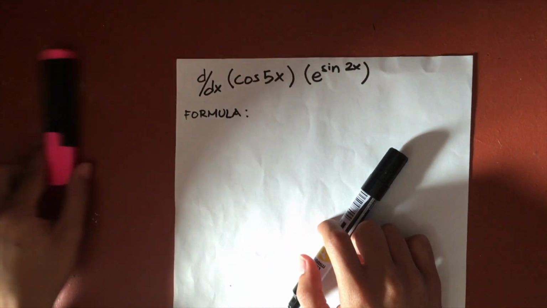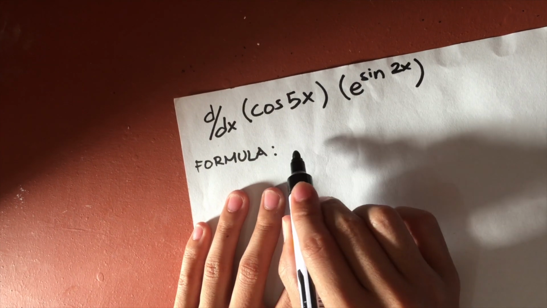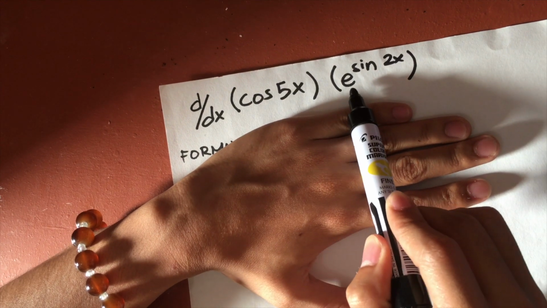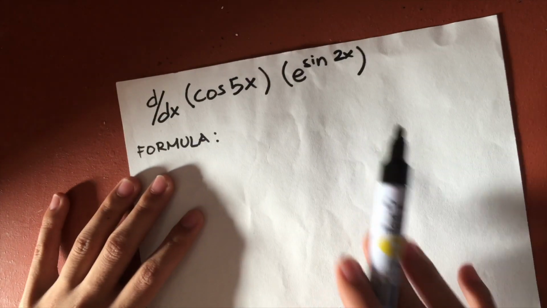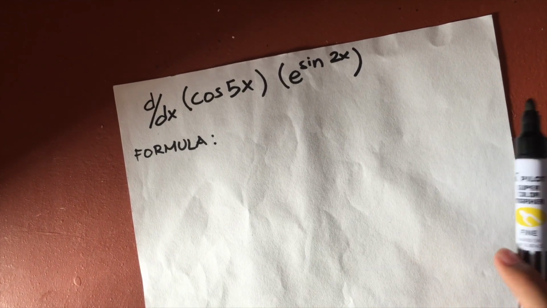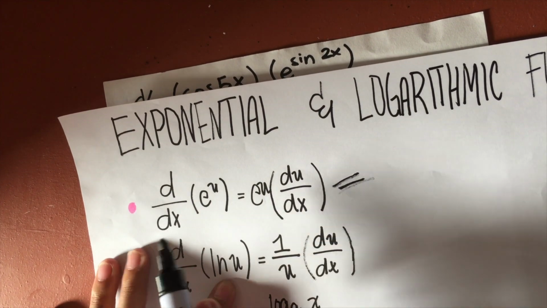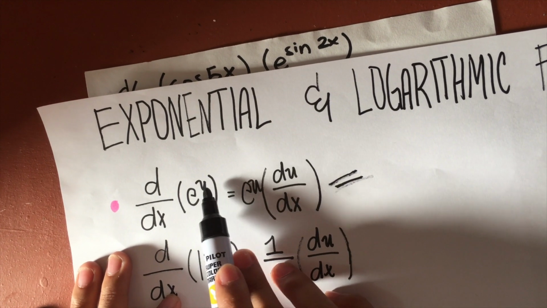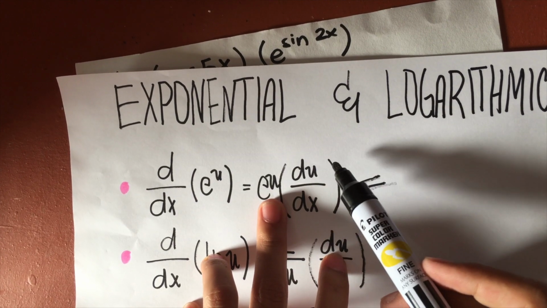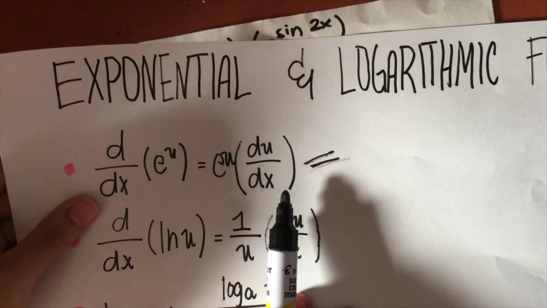Now we're back again to solve this second problem. First is to find the formula. As you observe, there is an e variable here, so we conclude that we could use the first formula, which is: d over dx of e to the power of u is equals to e^u times du over dx, the derivative of u.